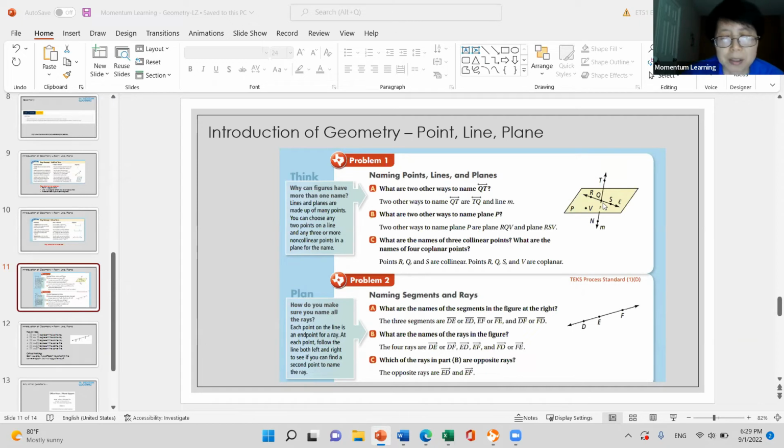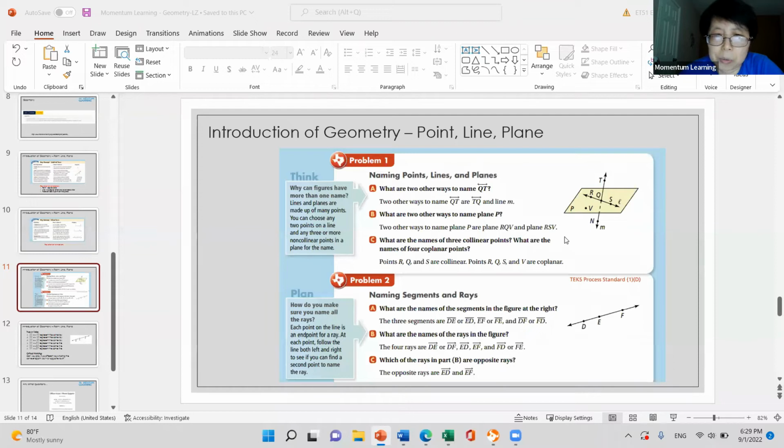They're just three different points on the plane. Because they're on the same line, right? Very good job. So we couldn't name RQS or SQR because the three points are on the same line.